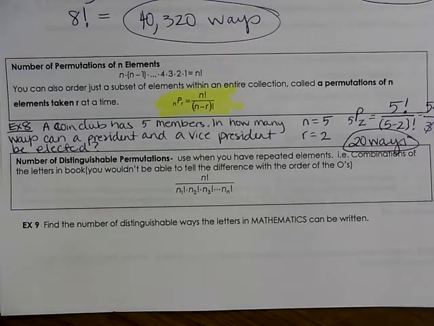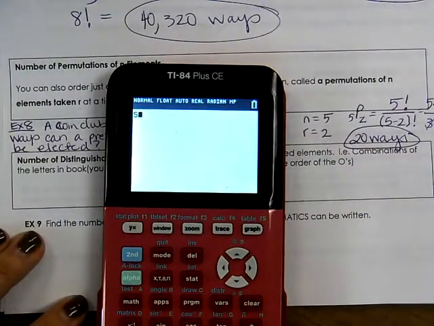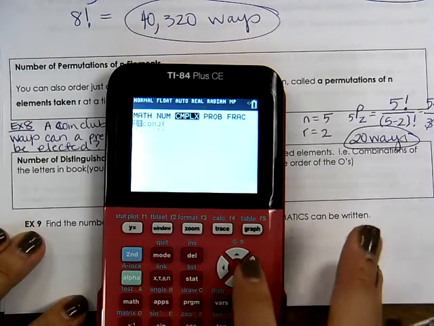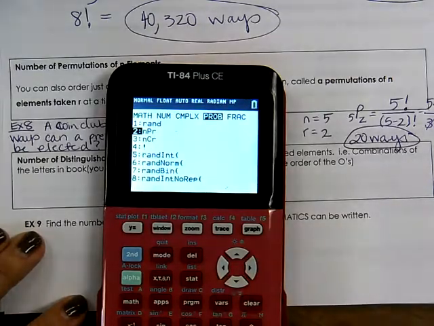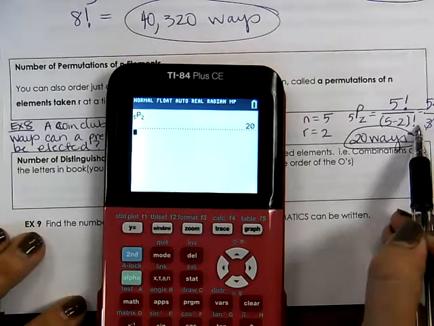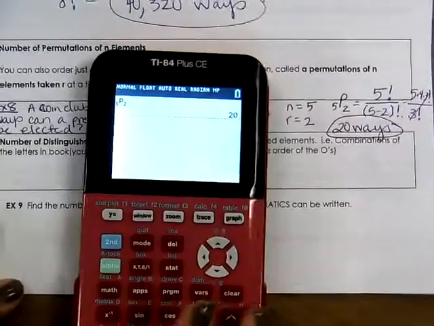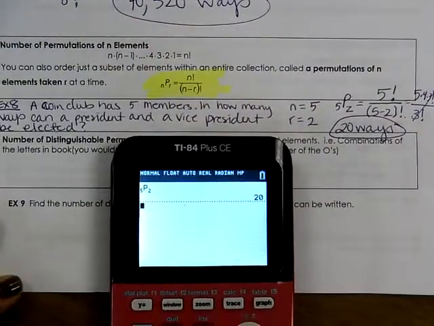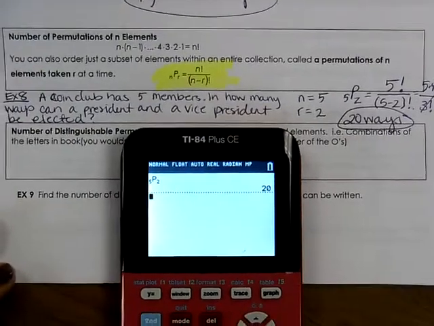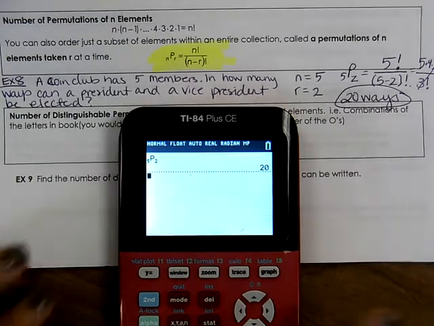Now, if you were to use a calculator, you could type in 5, math, here over to probability, nPr, which is option 2, and then choose 2, and you get 20. Okay? You're going to have to show me this, but you can verify using this. Any questions? Keep going then.